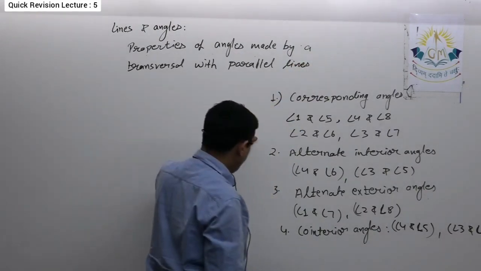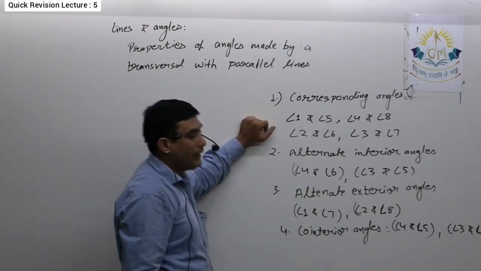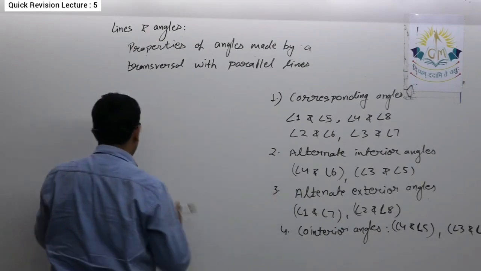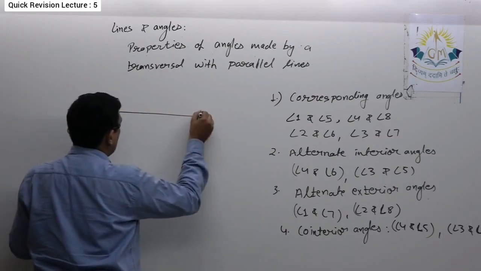Okay, so corresponding angles are equal. If the lines are parallel, then corresponding angles are equal.